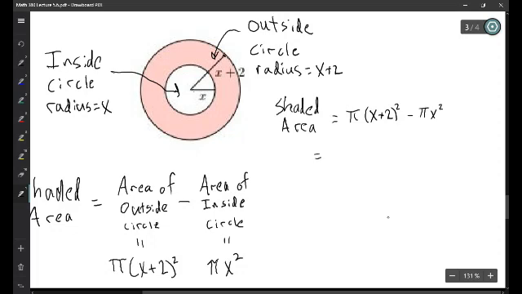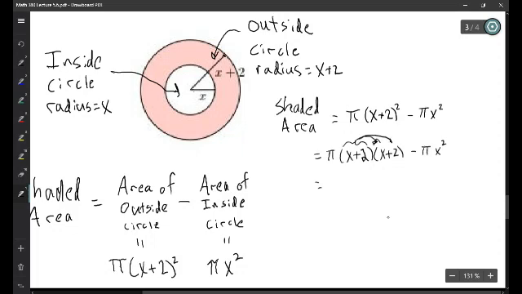So that's pi times x plus 2 times x plus 2 minus pi x squared. So the pi's you want to treat like constants. All right. Then we're going to multiply this polynomial into here, into here.